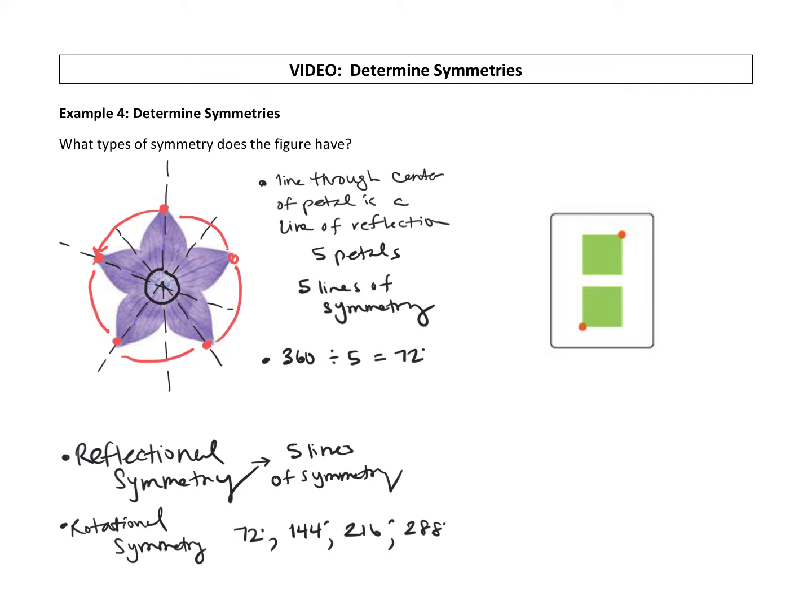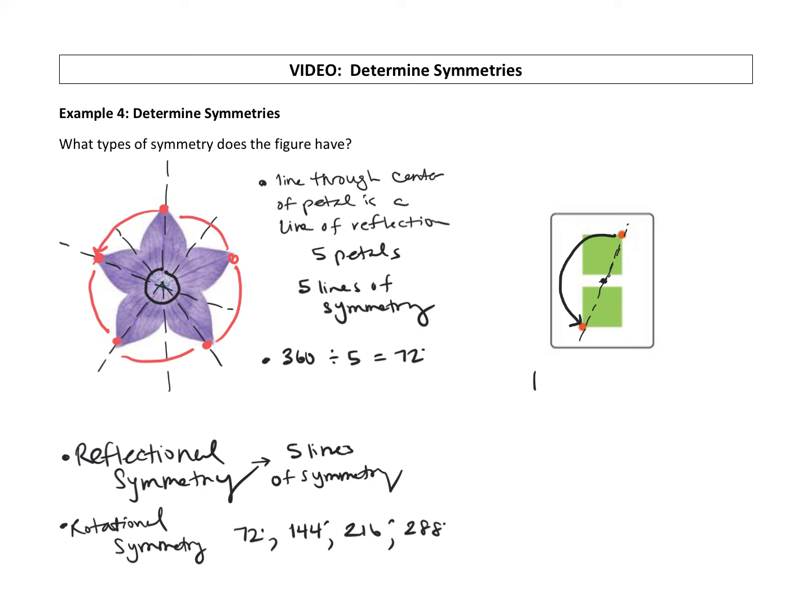Do we have rotational symmetry? Could we rotate about a point in the center and map back onto ourselves? This one we actually can. If we rotate 180 degrees, we can see that's lined up on a straight line through that point, that center of rotation.